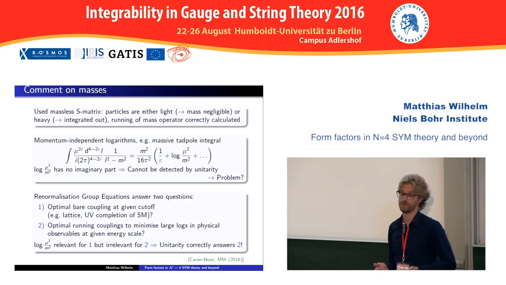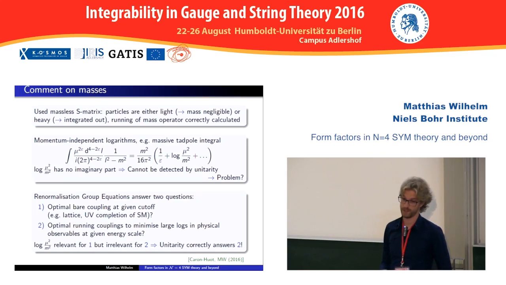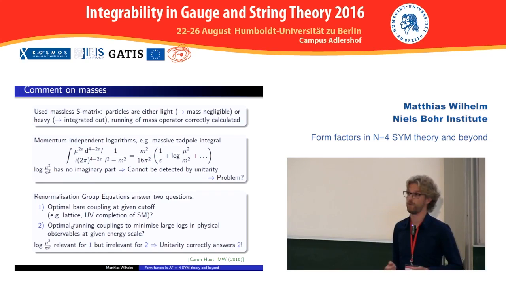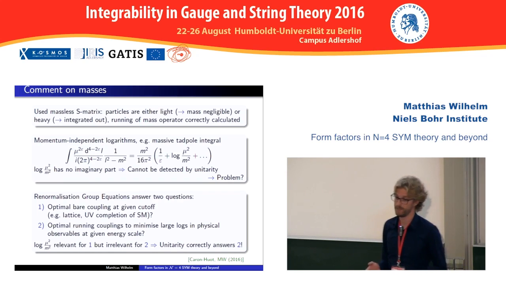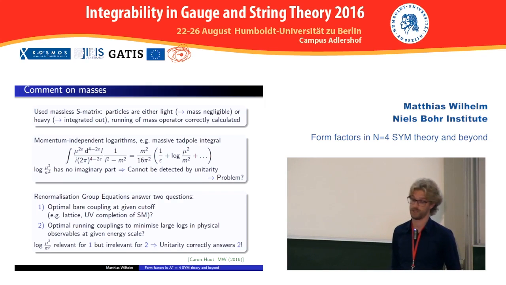And for this question, you do, of course, need the momentum-independent logarithms. The second question is more of a concern for collider physics. It addresses the question of the optimal running couplings to minimize large logarithms in physical observables such as cross-sections at a given energy scale.